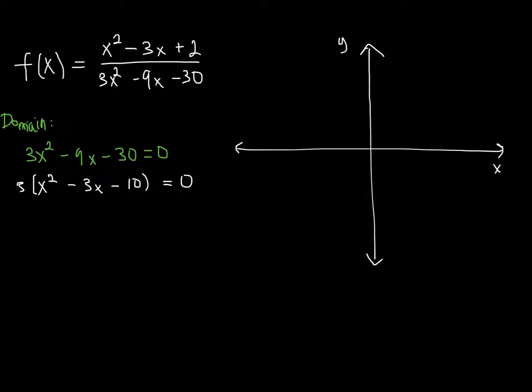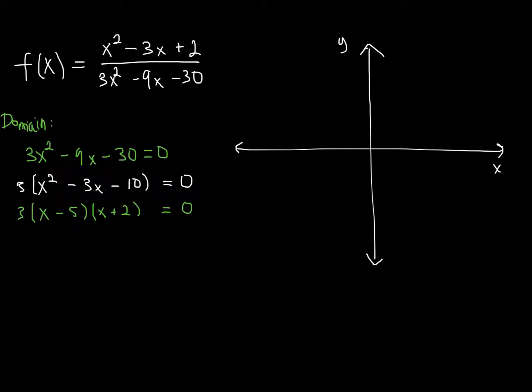You can find the two linear factors here. And so you end up with 3 times (x minus 5) times (x plus 2) equals 0. And so now you can see clearly that your denominator will be equal to 0 when x is either 5 or negative 2.